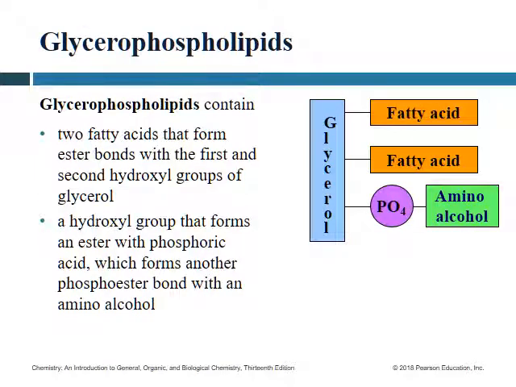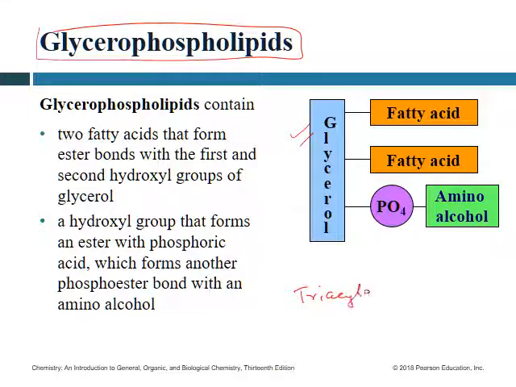So now let's talk about glycerophospholipid first, and we already talked about its structure in the last slide, and how it is different from triacylglycerol. You can have a read, but I already explained how the structure is different.